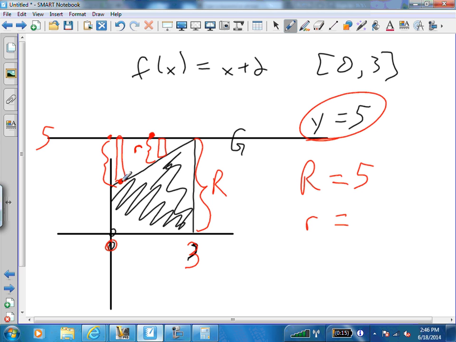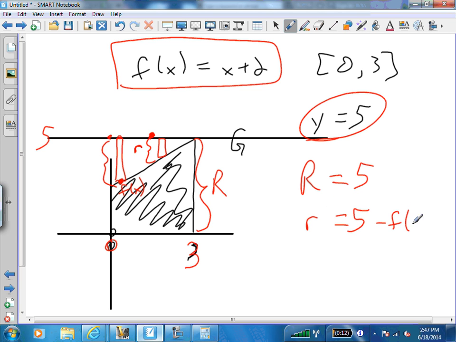But this y value is given by our function, so it's whatever f of x is. So our little r is the top minus the bottom: 5 minus x plus 2. So our little r, 5 minus 2, so 3 minus x.